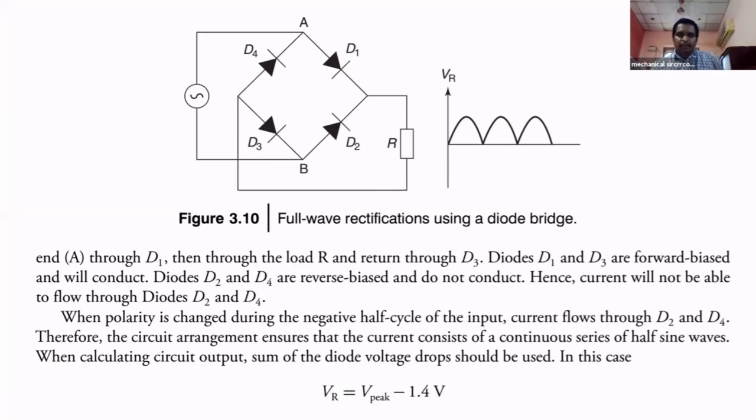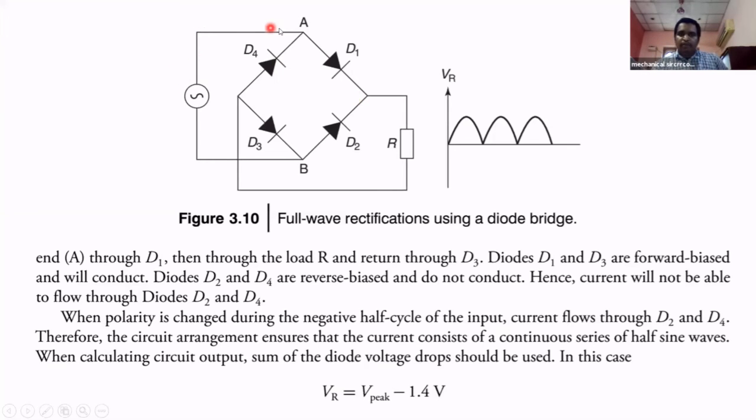In the negative direction, the current moves via B, D2, resistor and D4, meaning through diodes D2 and D4, and again comes in the same direction. In this way we can convert AC current into DC current.